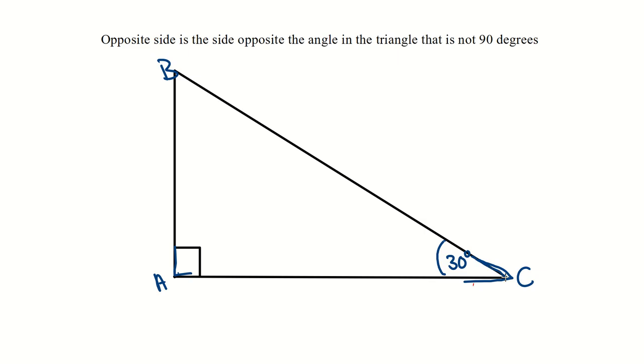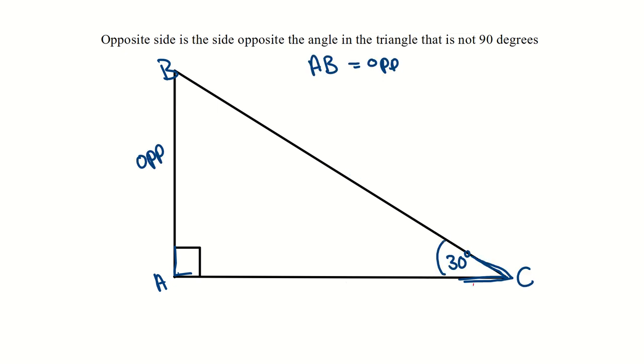So BC and AB intersect to make that 30 degrees. Which side is not used to make up that 30 degrees? AB. So my opposite for this type of triangle is going to be AB.